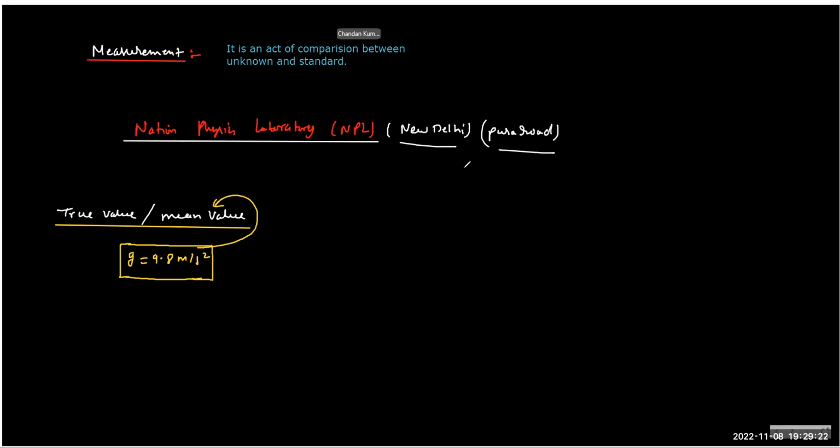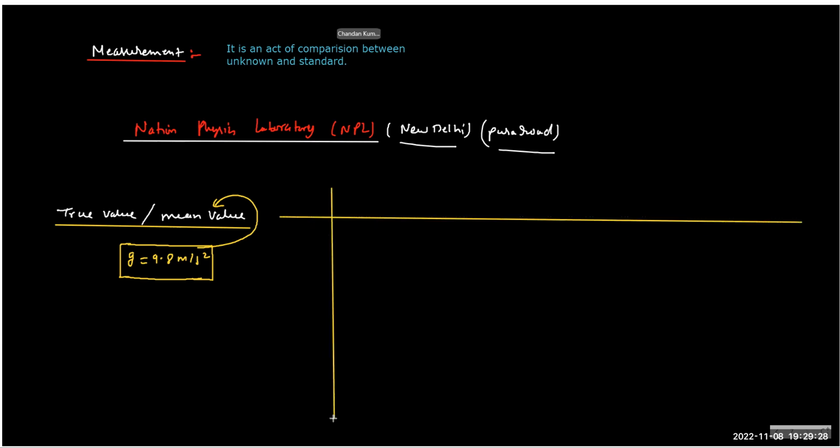So in any experiment, we have something called a trial. You repeatedly perform the experiment, and then you get a value. Now this is a value, this is not the true value.